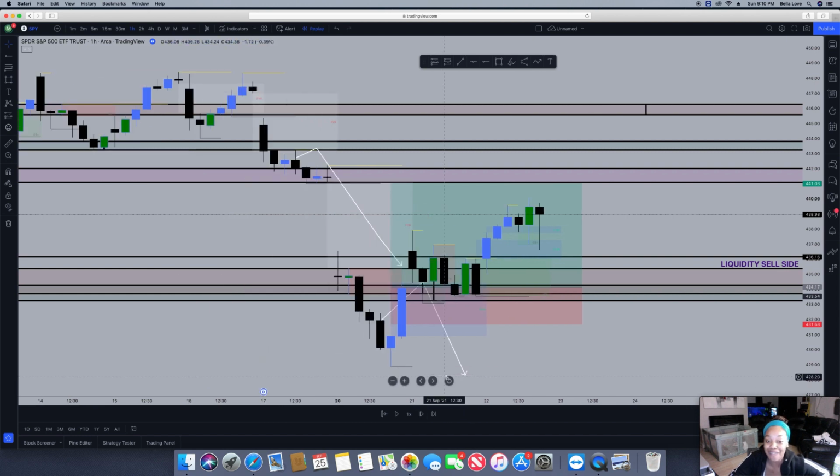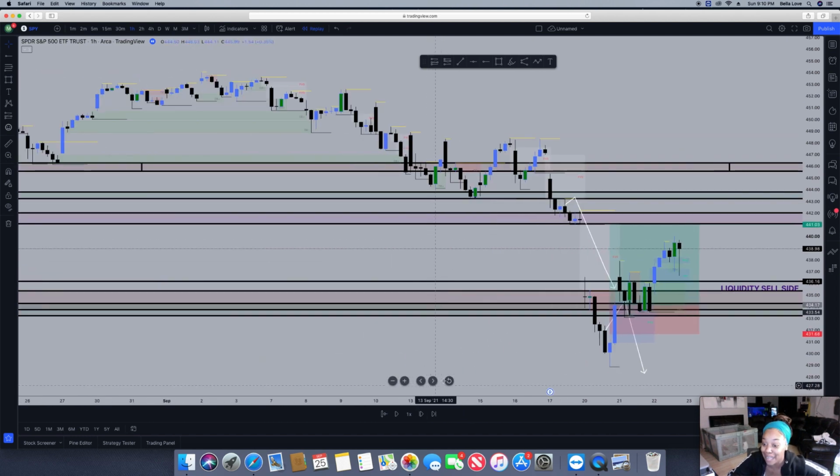Well, on the hour time frame, it went up. Okay, so this is the overall trend. It seems to be to the upside right now. So this is on an hour time frame. I would be catching it on micro time frames, but I'm just looking on the higher time frame because I'm just simply explaining order blocks.